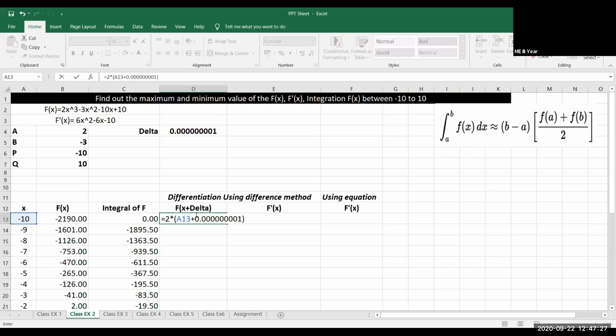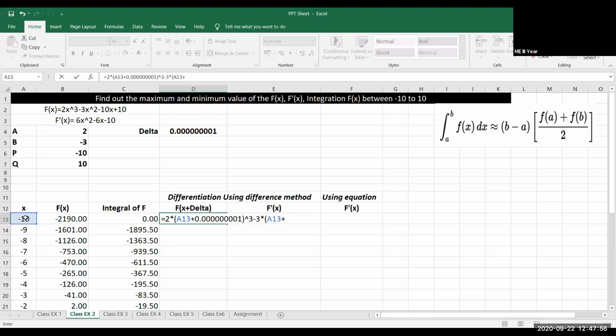Now, how many power are there? 3. So you have to give the power 3. After that, the next term is minus 3x squared. So minus 3 into, in place of x, you should start with this value plus the delta value. Always keep in mind, in place of x, you are putting x plus delta.